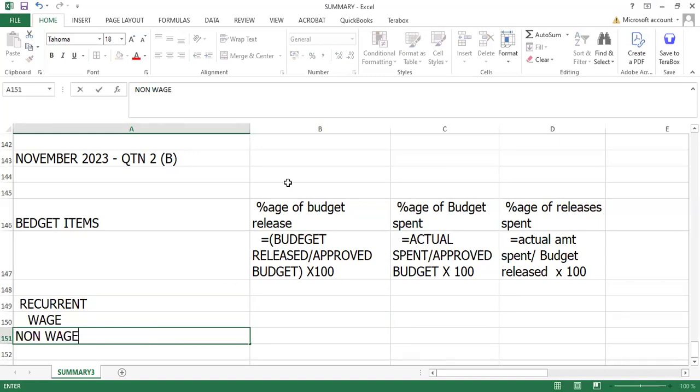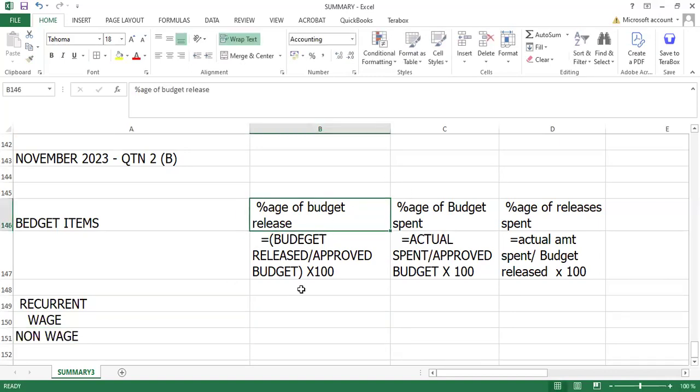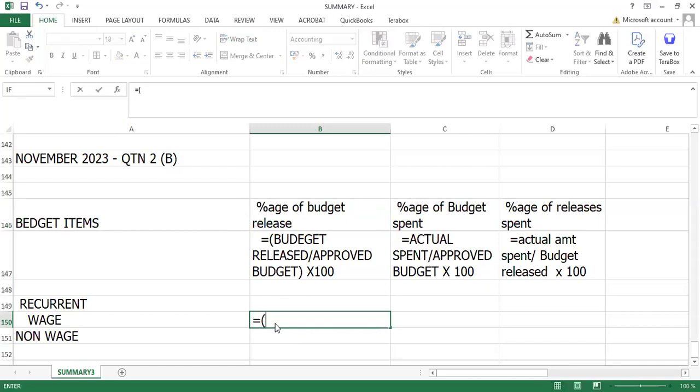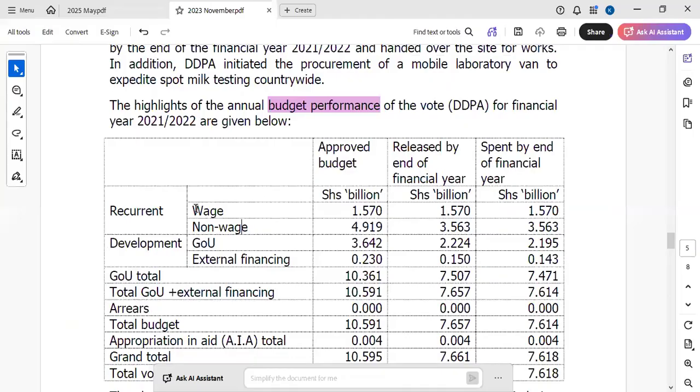So what I'm going to do, for me to get the percentage of budget release, I ask myself here: what was the amount released under the wage line? What was the amount released?